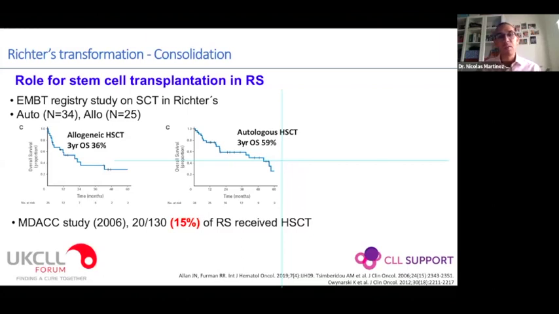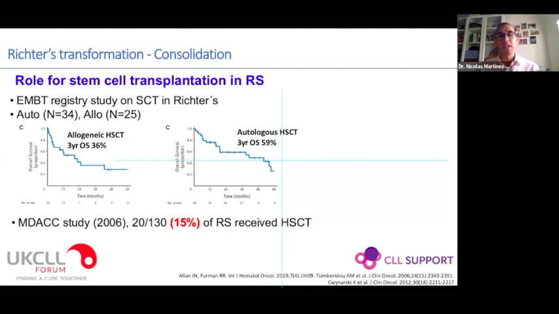So there's only a relatively small group: 34 that received autologous transplant and 25 that received allogeneic stem cell transplant. And bear in mind, these are patients that have reached a remission. So we don't know exactly what the allogeneic or autologous stem cell transplant adds, but the overall survival of the autologous and allogeneic is not bad for Richter's, thinking about all the curves that I've shown you before.